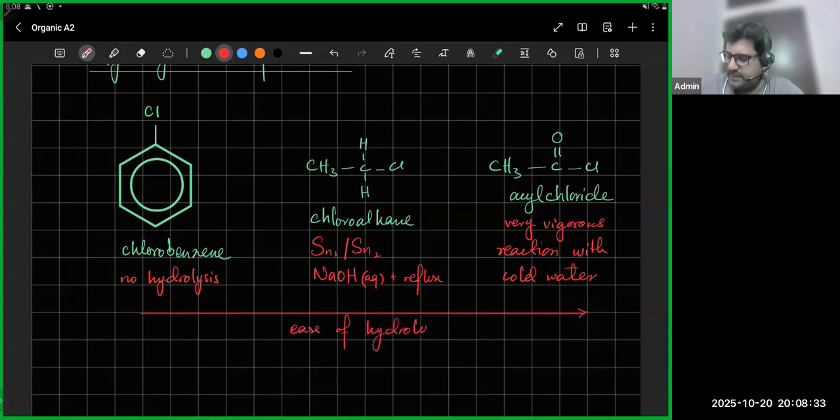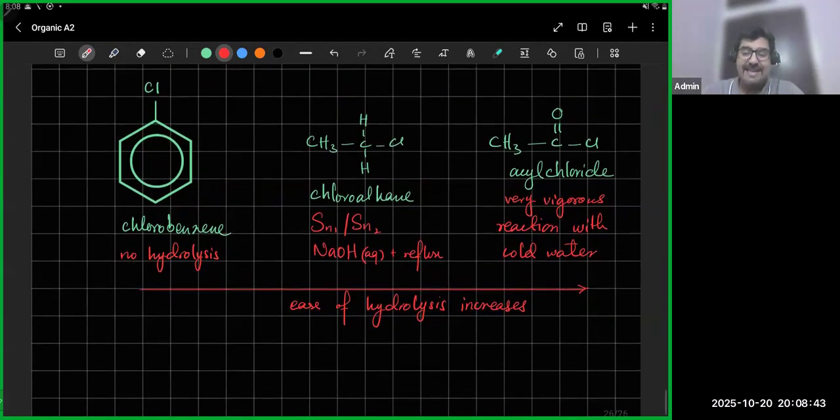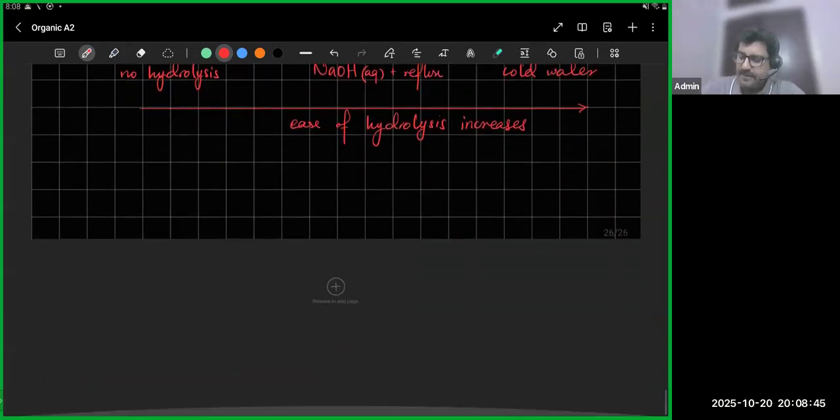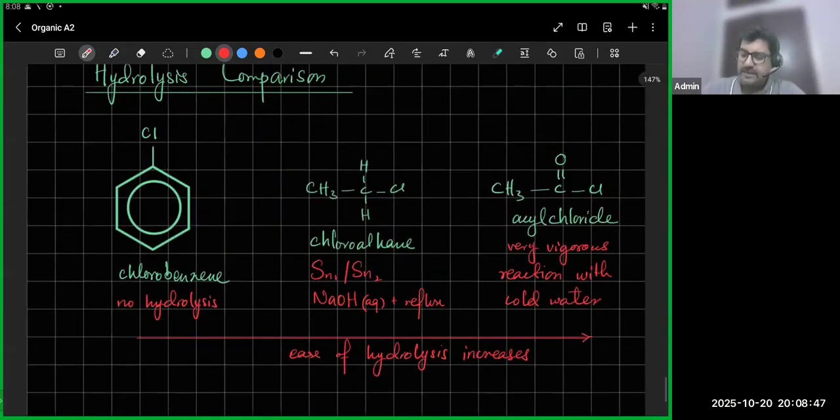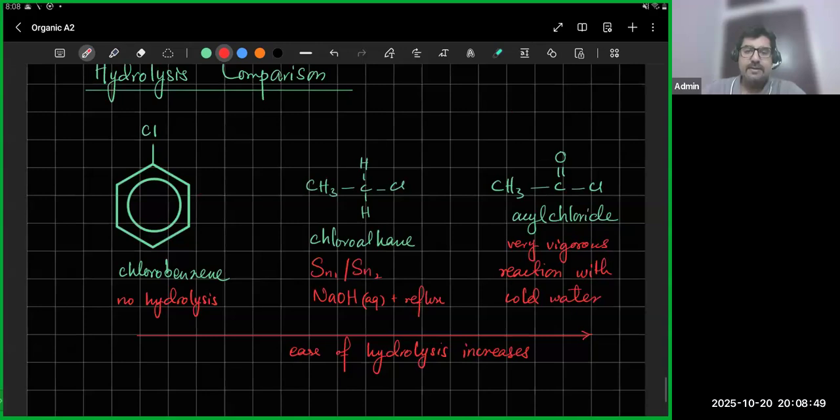We're going to discuss them one by one in detail, along with the mechanisms. What you need to remember is acyl chlorides have a vigorous reaction with water; chloroalkanes you have to heat with reflux, NaOH aqueous; and the first one has no hydrolysis whatsoever.